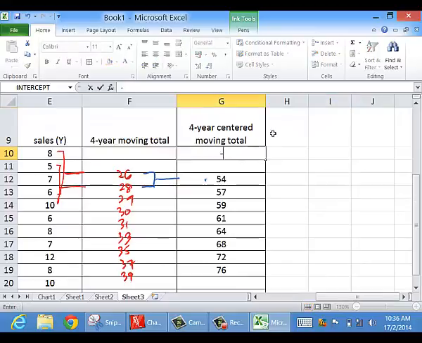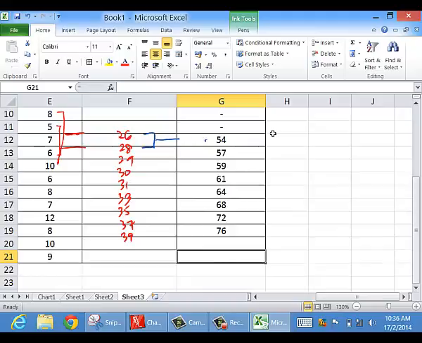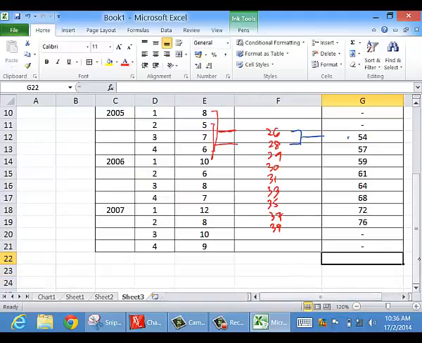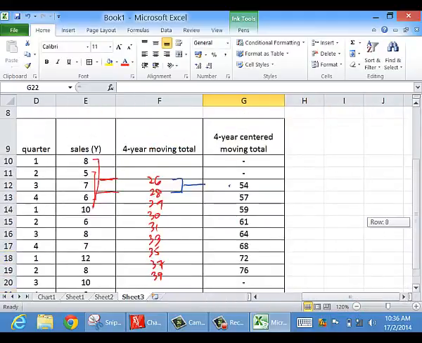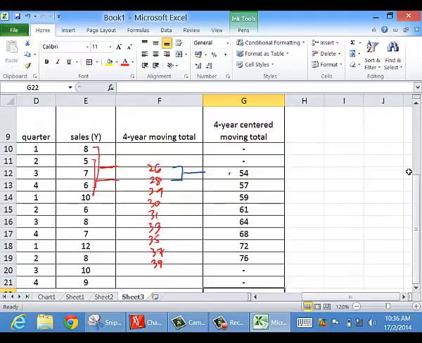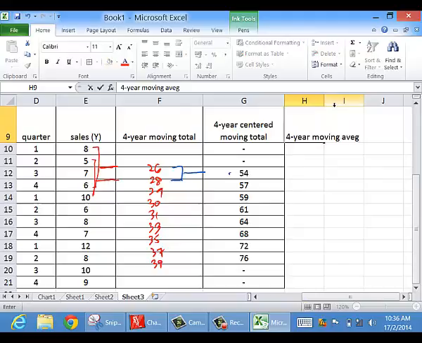So the first row null, second row null, and the last row also null. Null. Can you do it? Can you understand? Any problem? No problem. So the next step is to calculate the 4-year moving average.